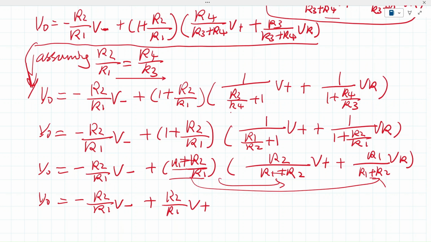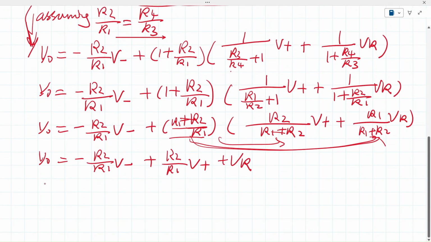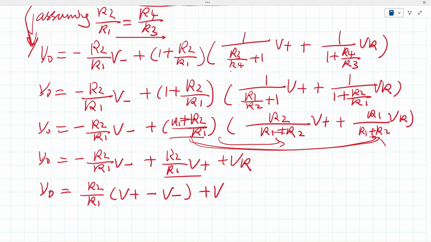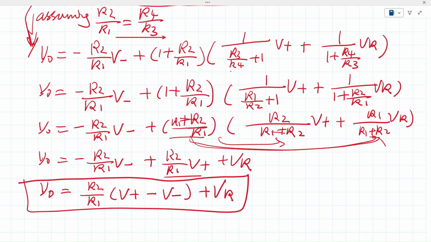This is the inverse of that, so everything is cancelled and we just turn it to VR. This looks very simple now. Now Vout equals, we move the R2/R1 to the outside, so R2/R1 times (V plus minus V minus) plus VR. Okay, this looks very simple now.